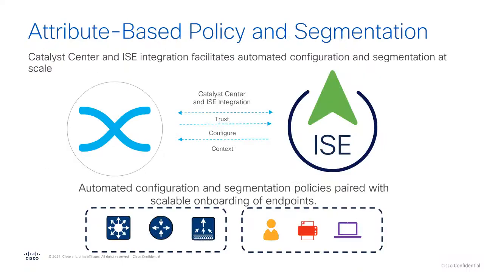Now, talking about Zero Trust and network access and security, the integration of Catalyst Center and ICE plays a very crucial role, as I mentioned earlier. What do we get as the result of the integration right off the bat? We get end-to-end automation of configuration and segmentation policies.